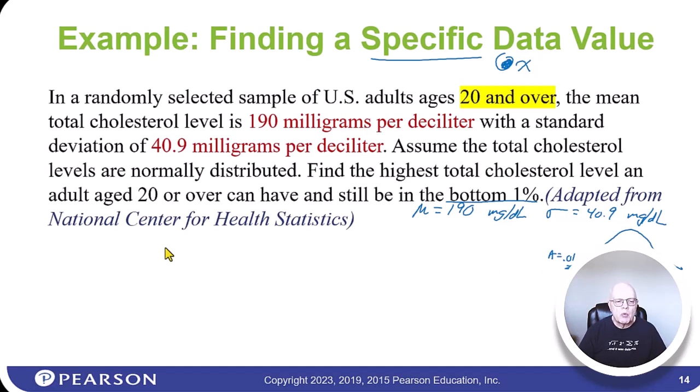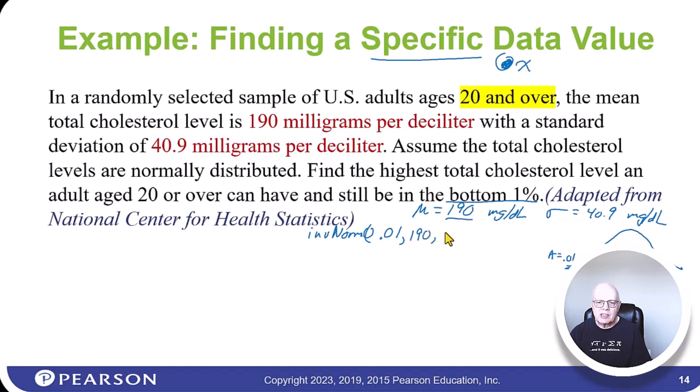Well, we want inverse normal, don't we? So I'm going to get inverse normal. I've got an area, notice it's on the left, so all of us could put 0.01 there for 1%. But these aren't Z-scores, these are X scores we're working with. And the mean for this one, we already know from over here, is 190.